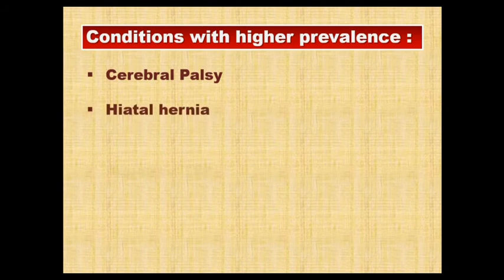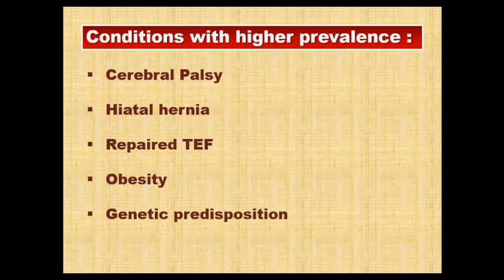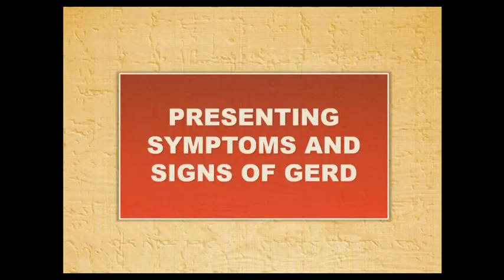Hiatal hernia and repaired tracheoesophageal fistula are external causes leading to more reflux. Obesity causes gastric distension. Genetic predisposition, so gastroesophageal reflux disease runs in families, and the preterm infants. The pathophysiology of the high prevalence of gastroesophageal reflux is not well understood in premature infants.